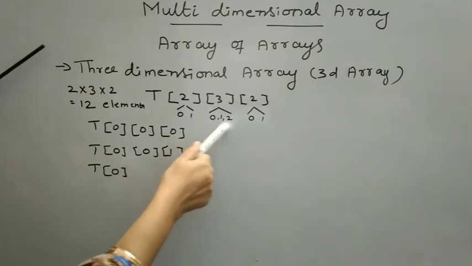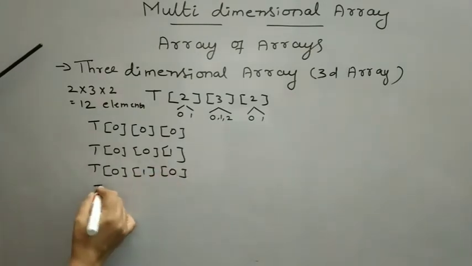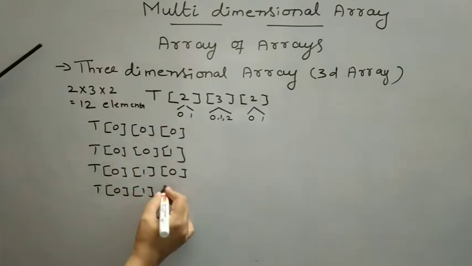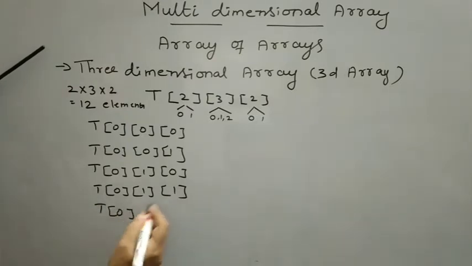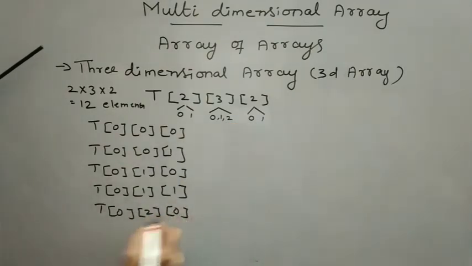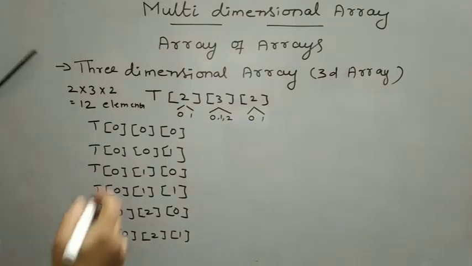Then we change the index position: T of 0, 1, 0 and the next T of 0, 1, 1. We have varied 0, 1, and now it is 2: T of 0, 2, 0 and T of 0, 2, 1. So in the first row we have 6 different elements.